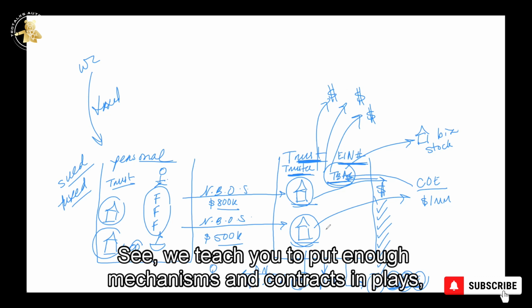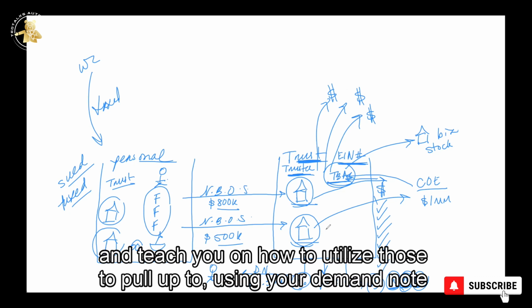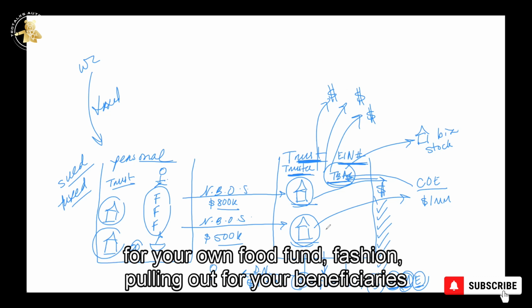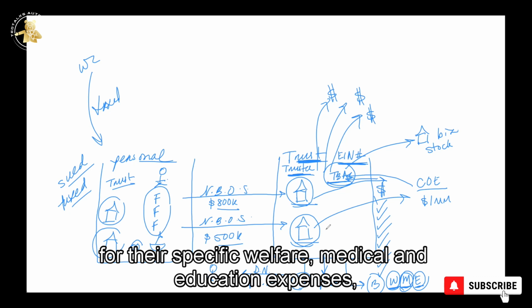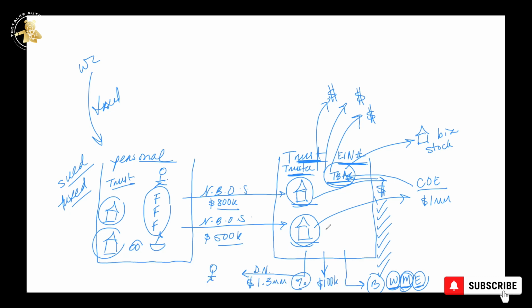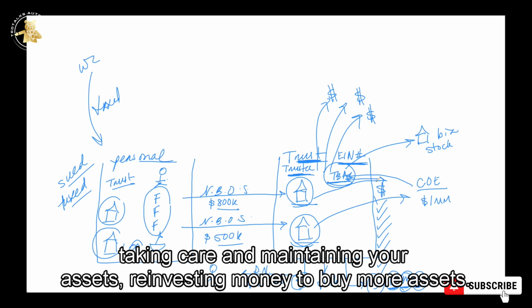See, we teach you to put enough mechanisms and contracts in place and teach you on how to utilize those to pull up to, right? Using your demand note for your own food, fun, fashion, pulling out for your beneficiaries for their specific welfare, medical, and education expenses, taking care and maintaining your assets, reinvesting money to buy more assets.